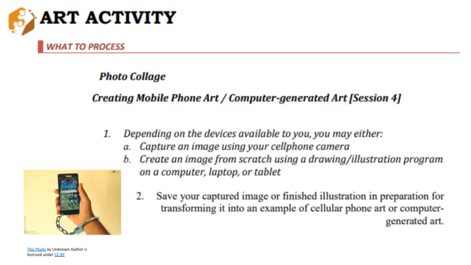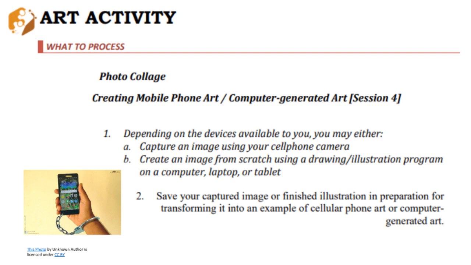Session 4. Depending on the devices available to you, you may either a. capture an image using your cell phone camera, or b. create an image from scratch using a drawing illustration program on a computer, laptop, or tablet.